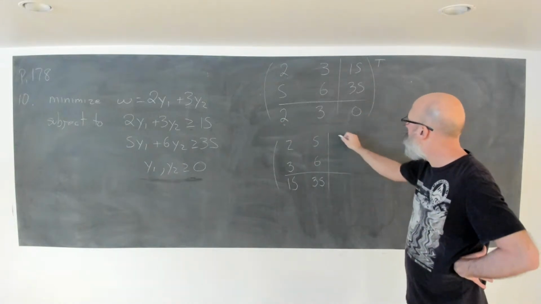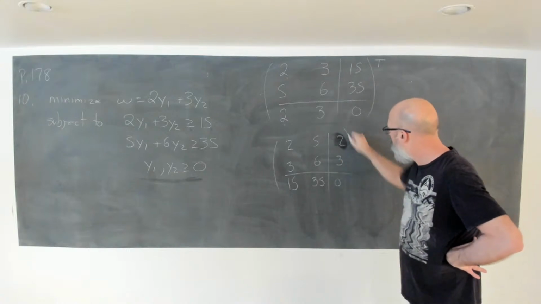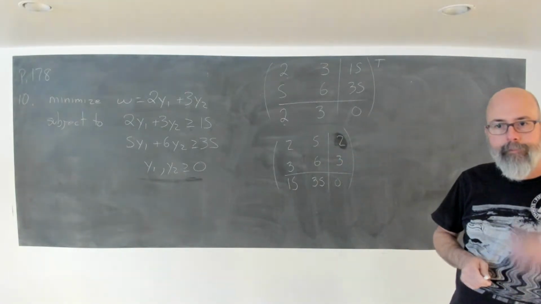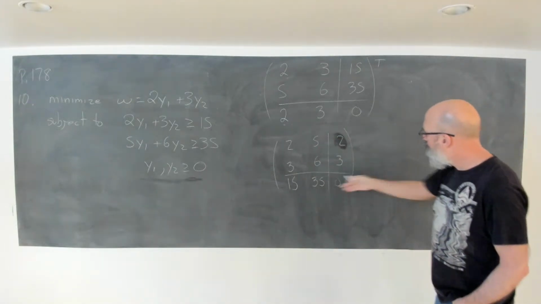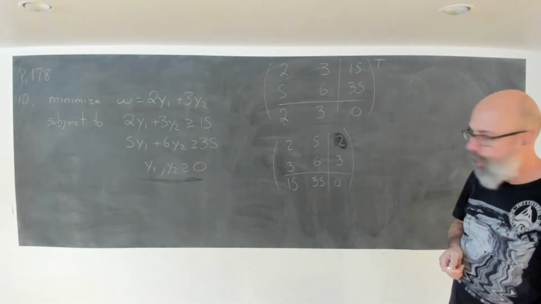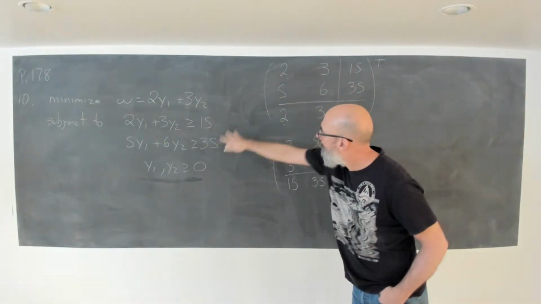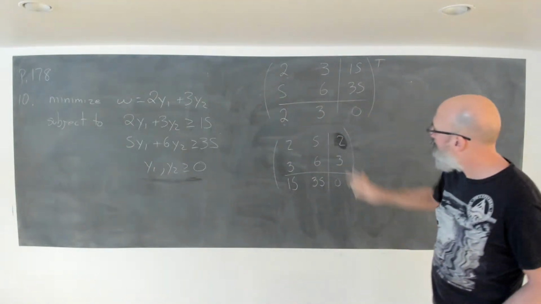Third row becomes third column. And now let's rewrite this as a standard maximum problem in the same way that this gave rise to that.